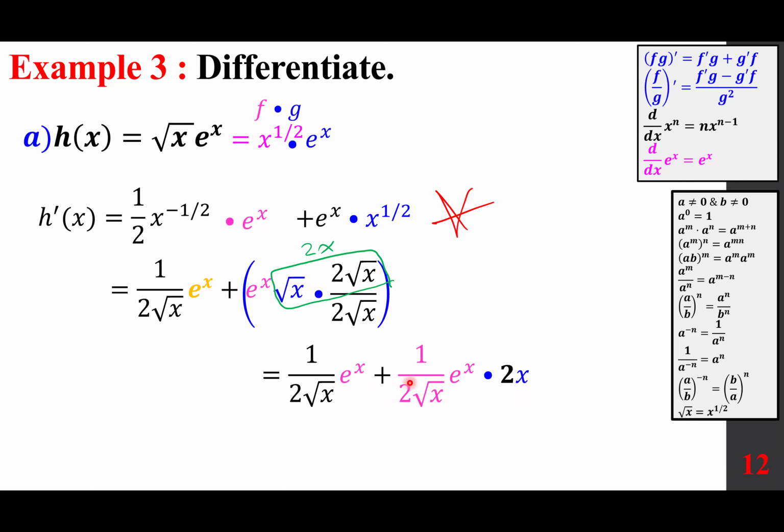So this piece is identical. You can take it out as a common factor. This will provide 1. This will provide 2x. And h prime of x becomes 1 over 2 square root of x e to the power of x times the parentheses 1 plus 2x.